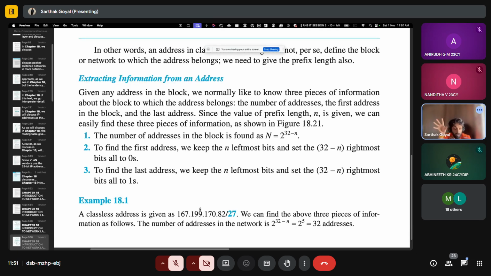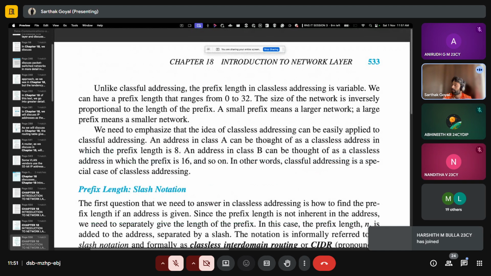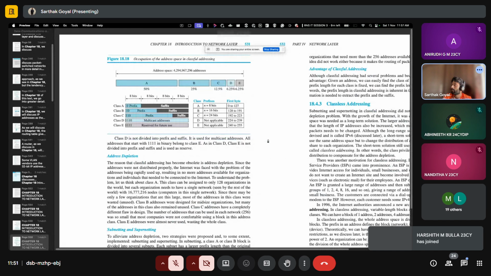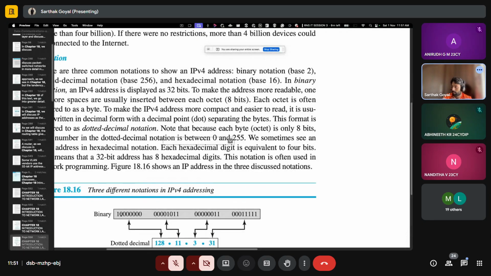In these 32 bits, the first 27 bits are all ones, because these are preserved. That's what it means. Are you guys clear with me still here?